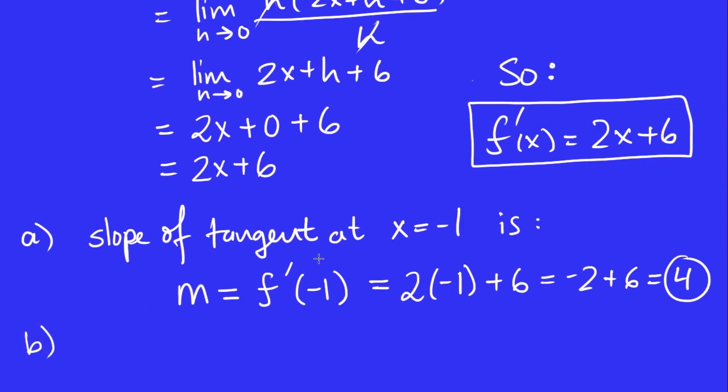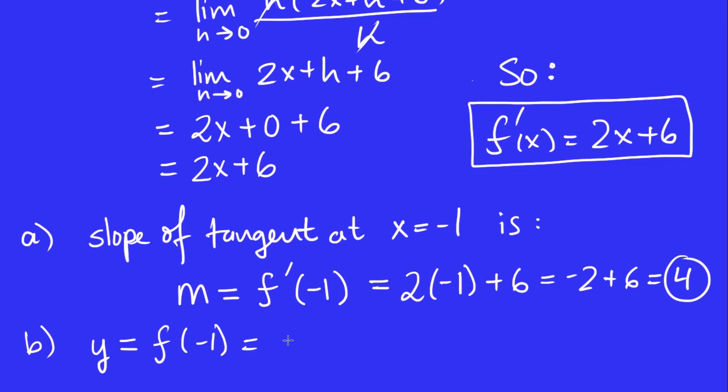Now our eventual goal here is to get the equation of the tangent line. But to get the equation of the tangent line, we need to know the y value that goes with the x value. And to do that, I put the x value into the original function. I don't put it in the derivative, right? I already put my -1 in the derivative, and that gave me my slope. If I put the number x in my original function, the number I get out is my y value, okay?